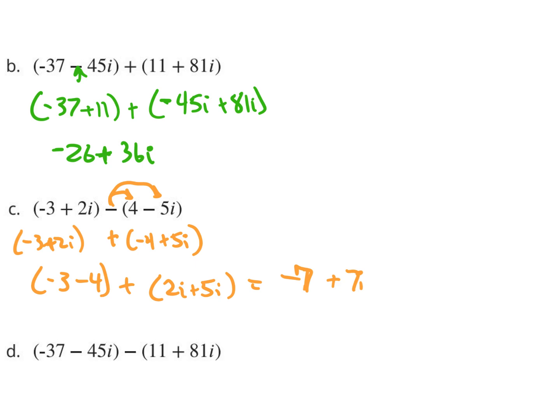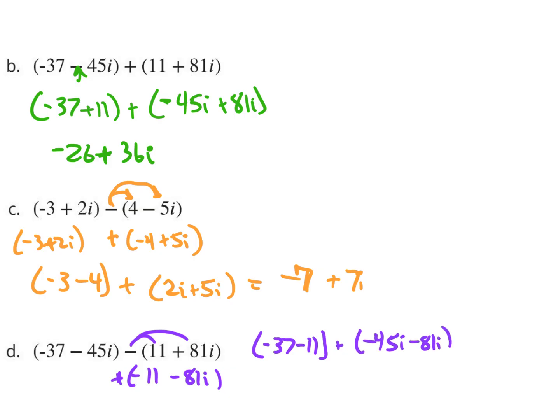And then finally, distribute that negative. All right, so now put the terms together. So you get negative 37 minus 11 plus negative 45i minus 81i, which gives us negative 48 minus 126i.